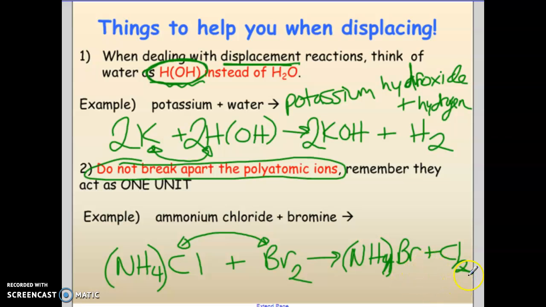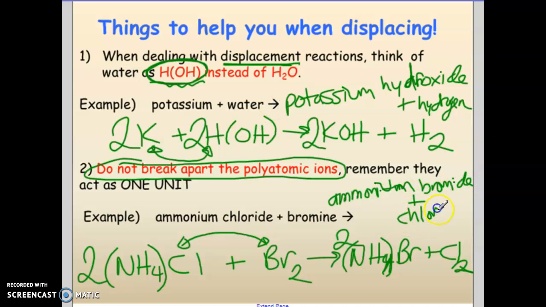And then, of course, we would need to balance. So we have 2 Cl, we need a 2 here, and we have 2 Br, we need a 2 here, and that's actually already balanced. So our products are ammonium bromide plus chlorine.